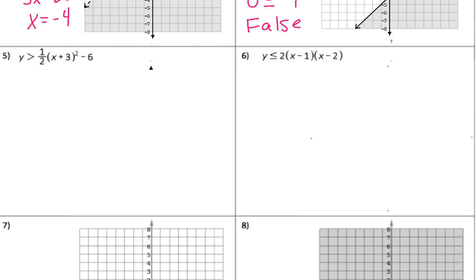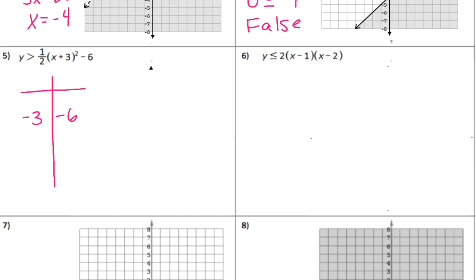All right, number 5. Number 5 is a quadratic. I see that squared. So I know that the vertex is at negative 3, negative 6. So for this one, to get an idea of what my graph is going to look like, I'm going to plot that vertex point. I know that one.